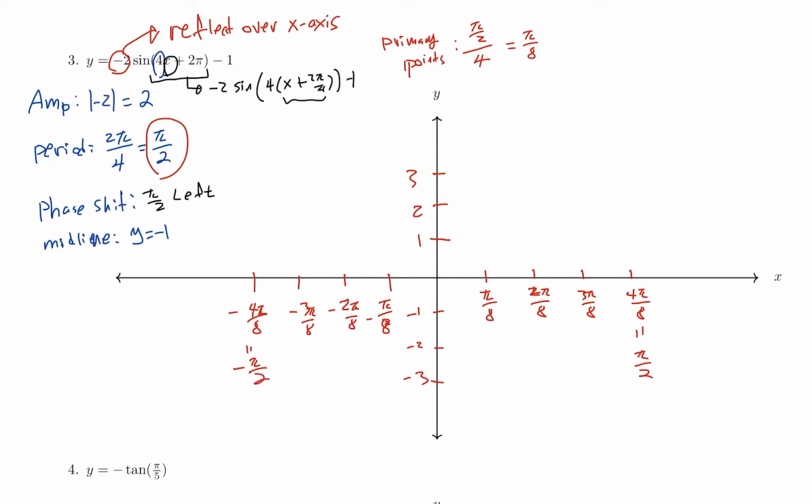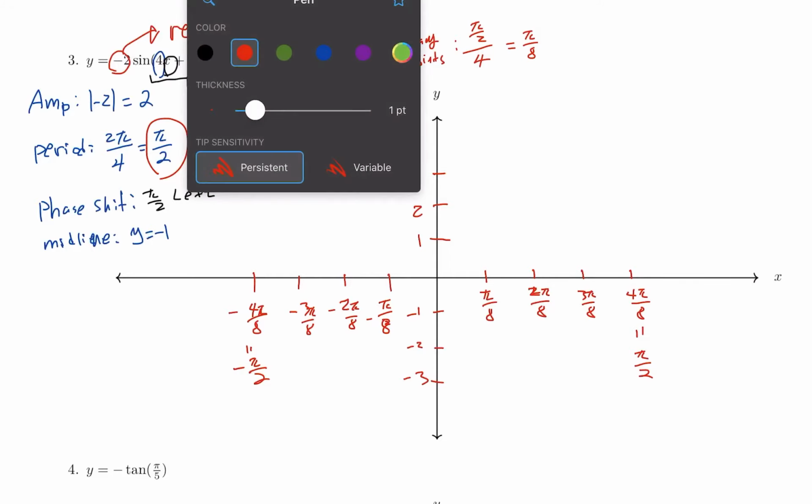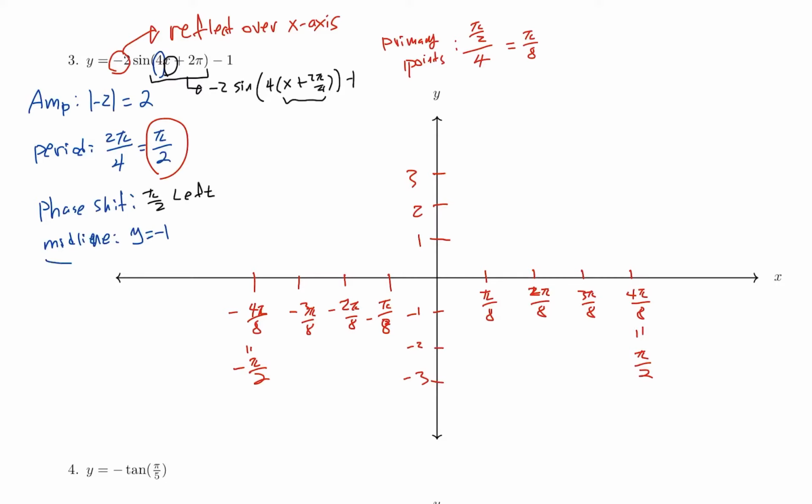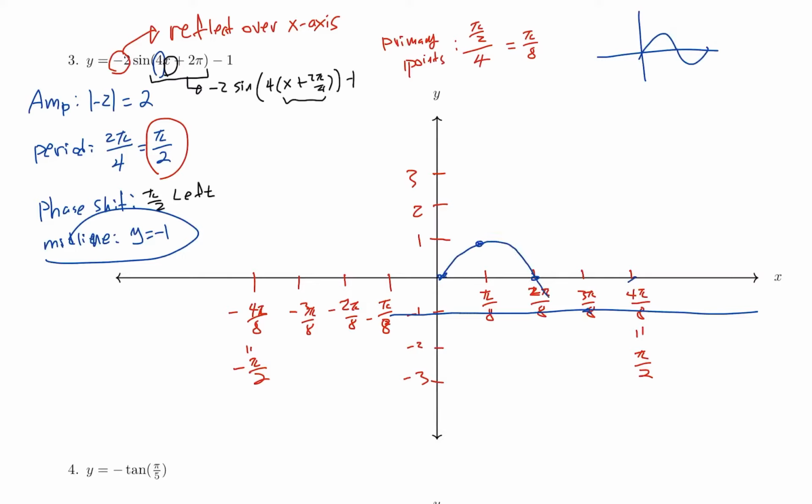So let's plot some points. Actually, I'm going to draw the midline first, y equals negative 1. That means the entire graph will go down by 1. Remember the sine graph has a shape like this. The original shape would have been with this period, with this right here. Again, it's not a straight line. Make sure that it's curved.